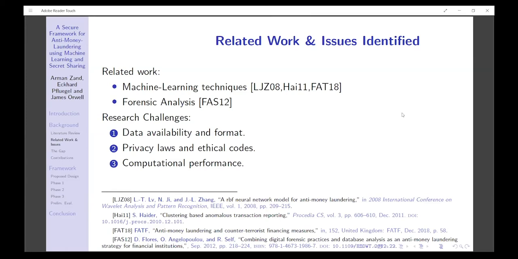There are so many transactions being made in our day-to-day life, and that means computational performance is also a very important factor. Whether it's real-time, live analysis, or you just take some data set and then do some offline analysis.